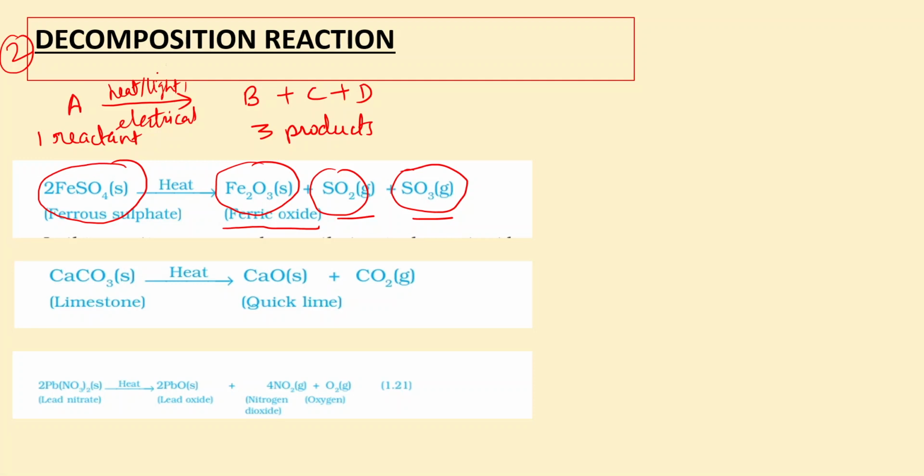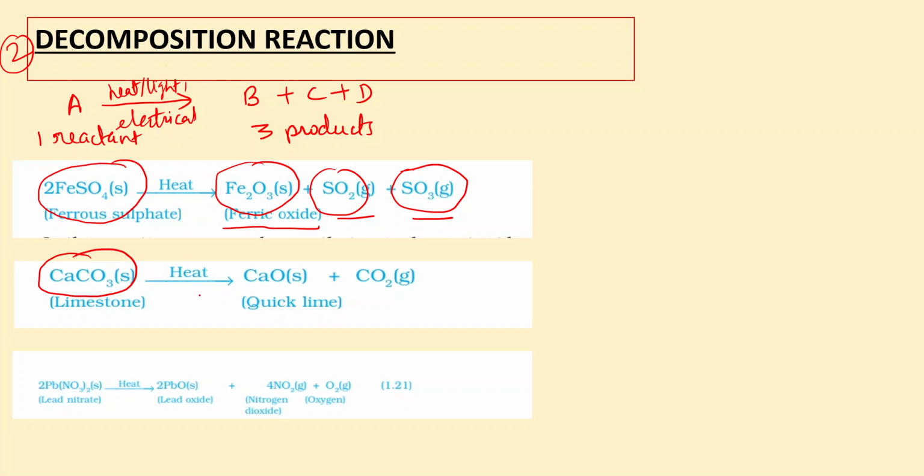Decomposition. Something is getting decomposed. It is getting broken down. So A breaks down into B, C and D. So these types of reactions in which a single reactant breaks down to produce 2 or more products is known as decomposition reaction. One more reaction we can take.